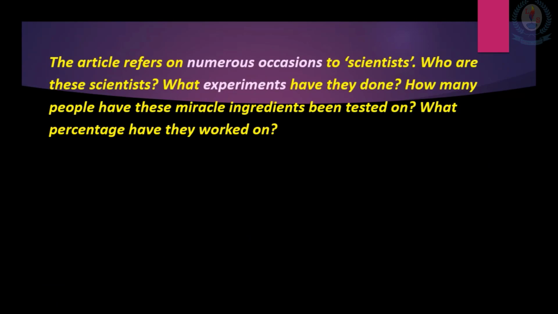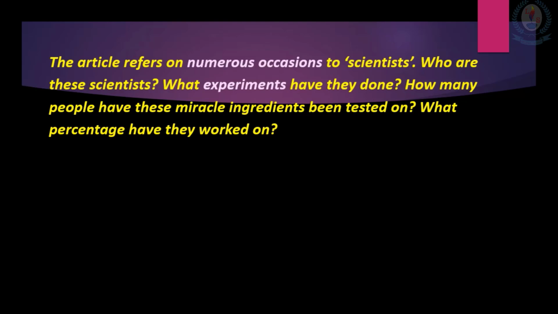Next paragraph. "The article refers on numerous occasions to scientists." Read this word once again. Numerous occasions, that means many times. "Who are these scientists? What experiments have they done?" Experiments are scientific tests.